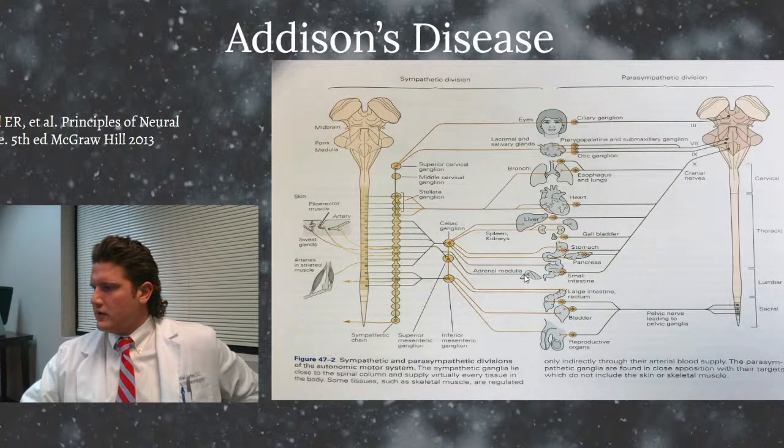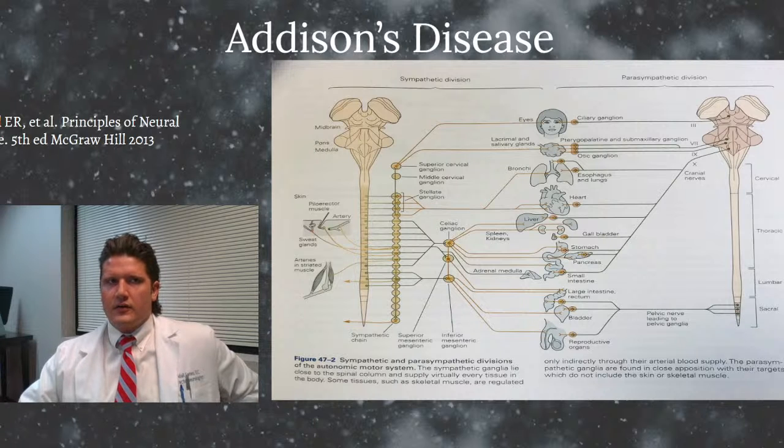So think of your adrenal gland as a basketball, or think of it like the earth. The outer crust of the earth is analogous to the adrenal cortex, and the inner core of the earth is analogous to the adrenal medulla.